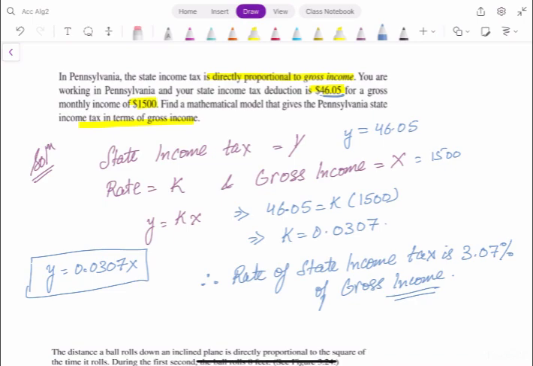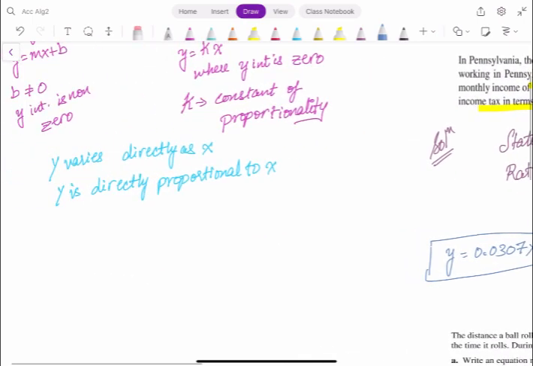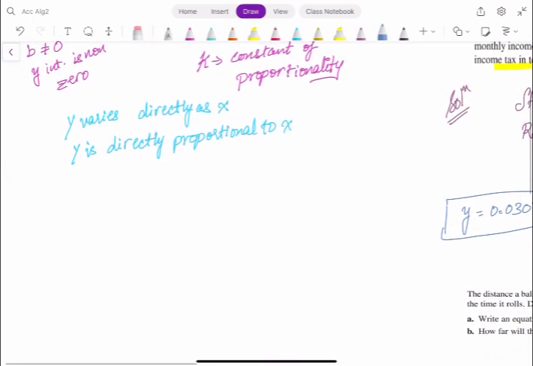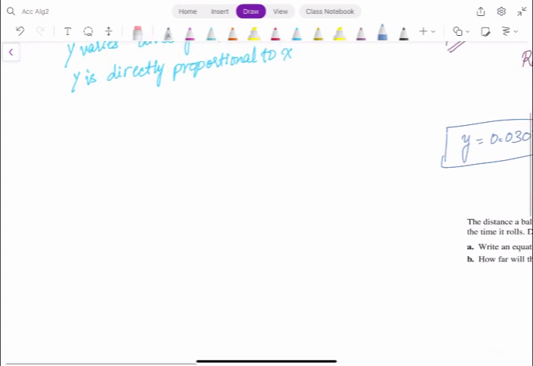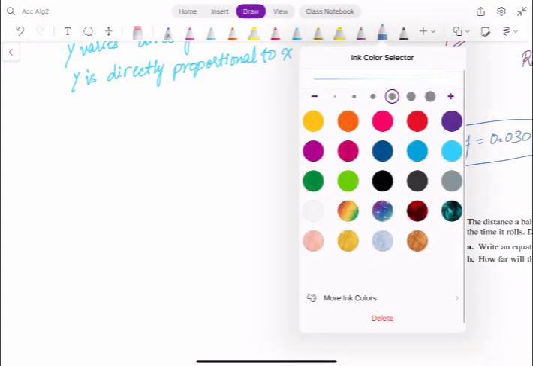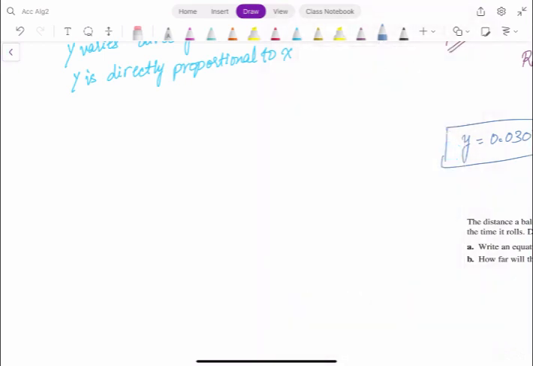Now, that being said, we can also talk about direct variation when we have the nth power. So let me write it down: direct variation of nth power.